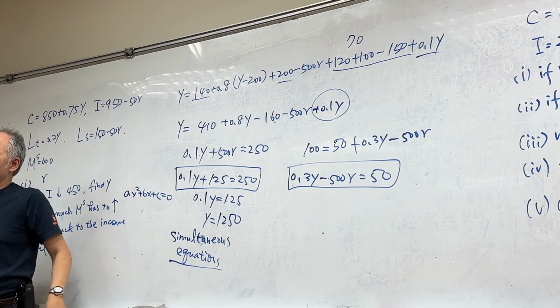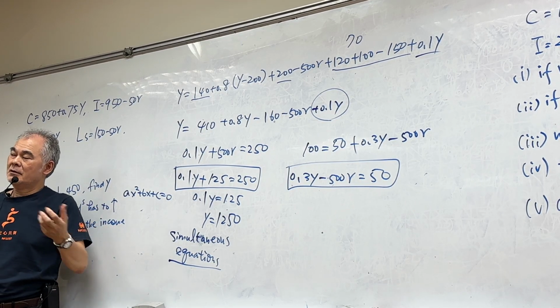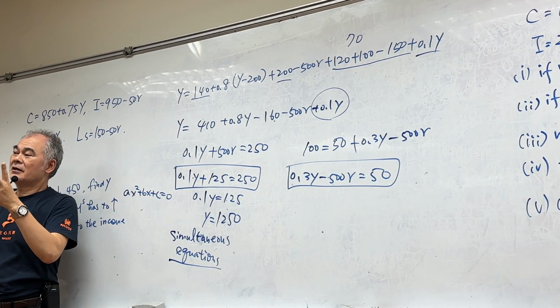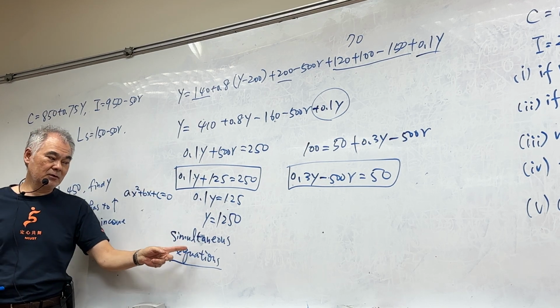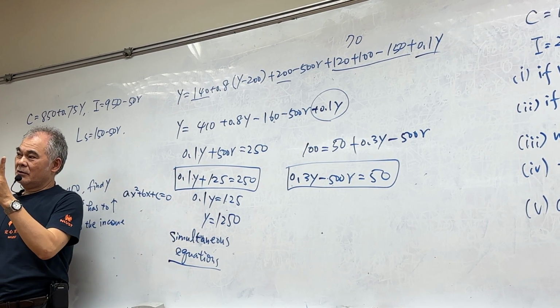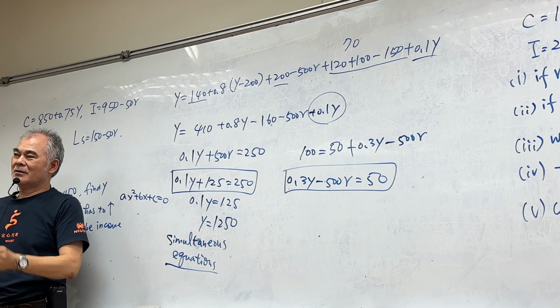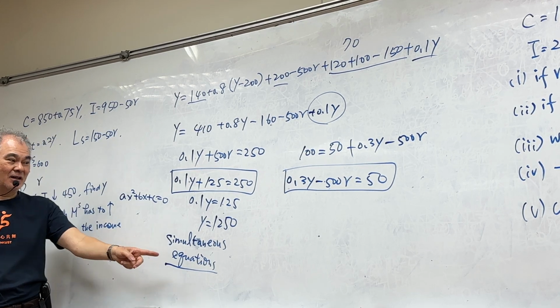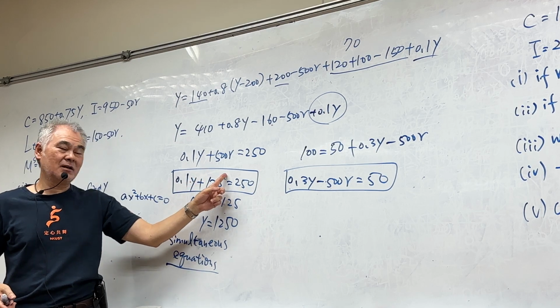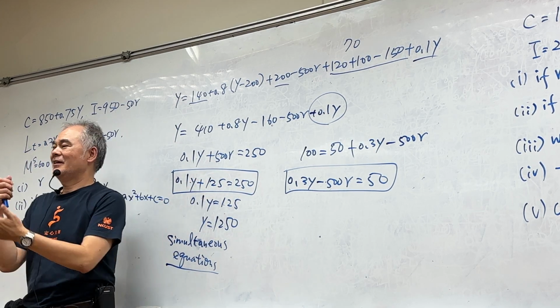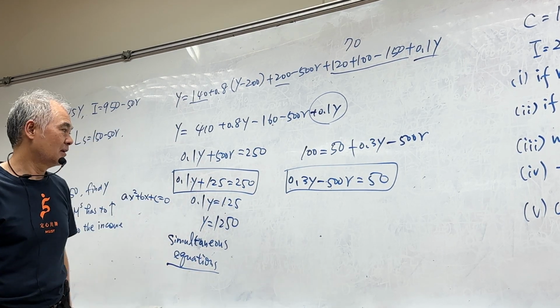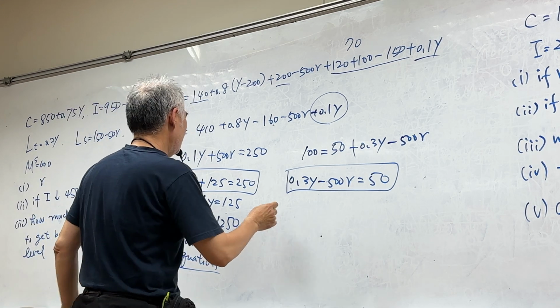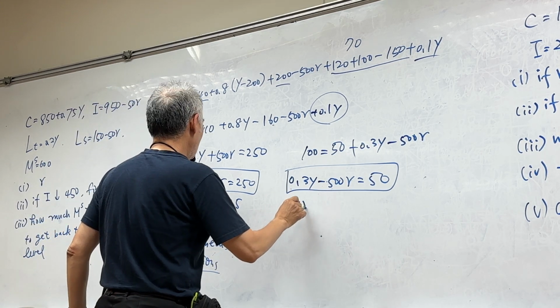What we call this? It's an equation, right? 3 words in Mandarin. Yes, exactly. So what's the simultaneous equation? No. 2 words. Because now you have 2 equations. This one is IS and this one is LM. Exactly. Okay, good.